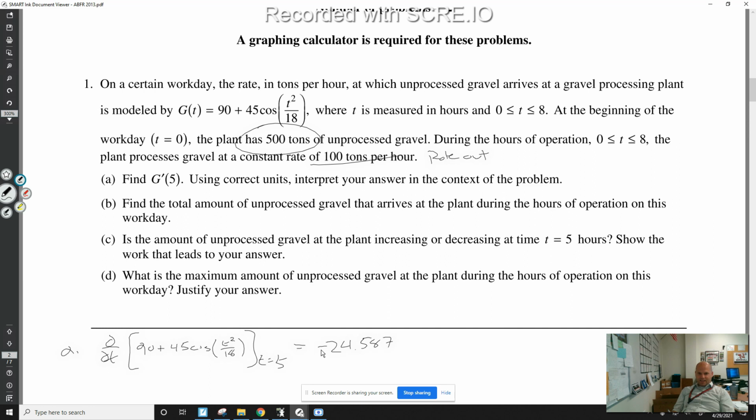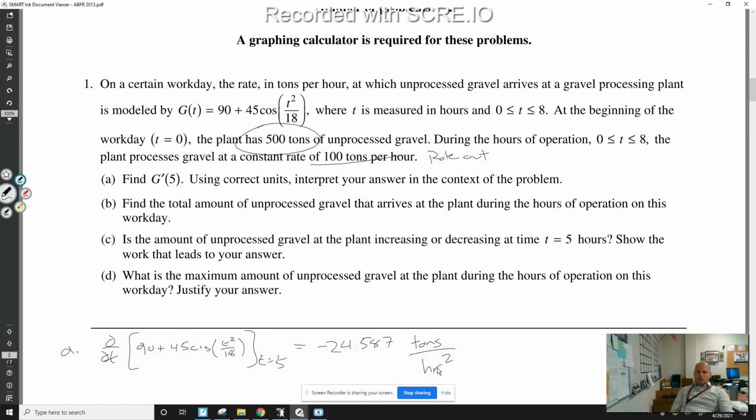I found a second derivative value, which means we are talking about tons per hour squared. This is tons per hour divided by hours. Tons per hour squared. This is the rate at which G is changing. This is the rate of change of this rate. And that's probably the easiest way to say it.